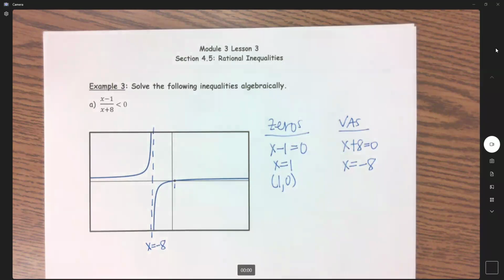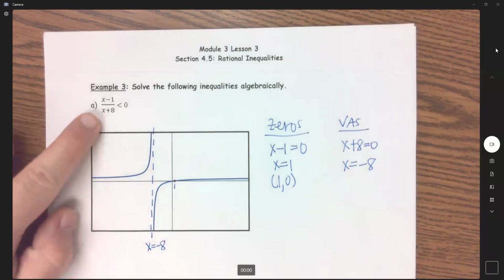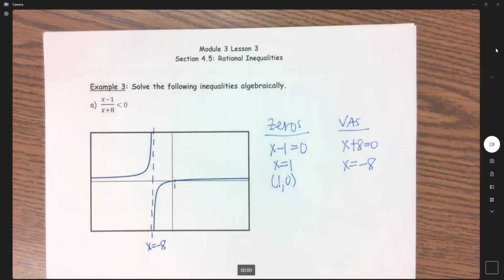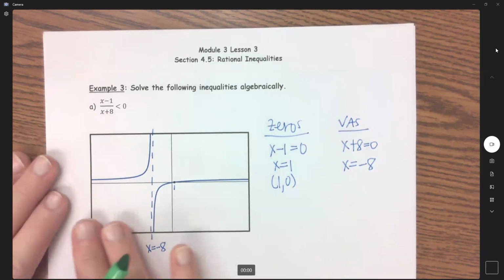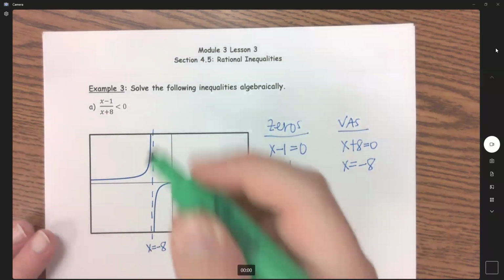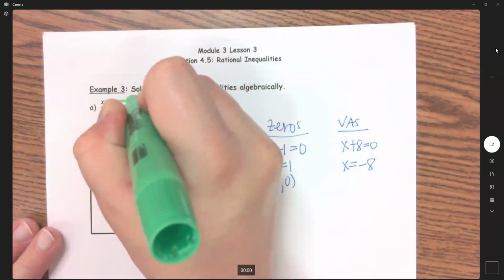Now we can go about solving the problem. It tells me that it wants to know when this rational function is less than 0. So where are my y values less than 0? And that's everything here below that x-axis.